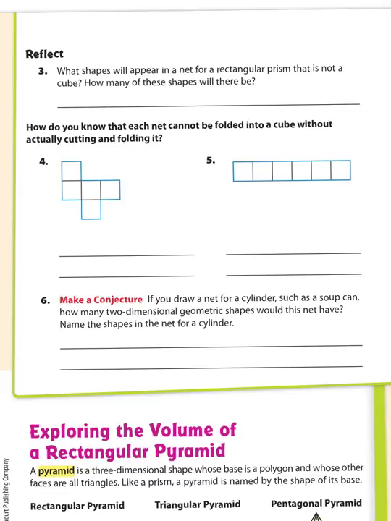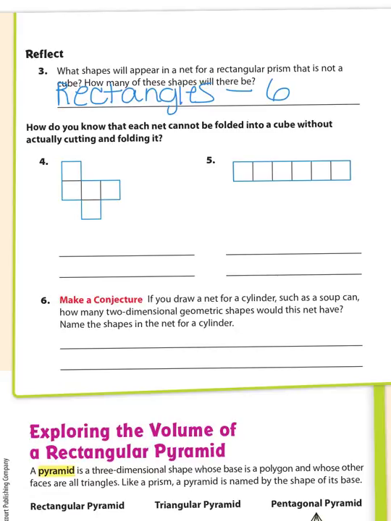A cube has to be made of squares. A rectangular prism would just be made of rectangles. And how many rectangles would there be? There's still going to be 6 because this prism is still going to be 6-sided.